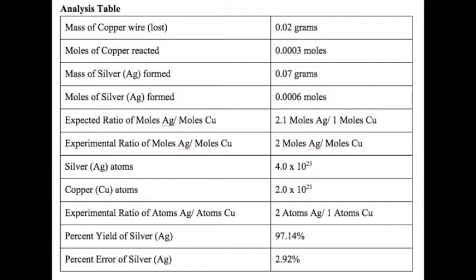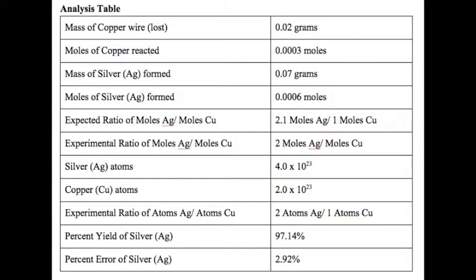The expected ratio of moles of silver over the moles of copper is 2.1 moles of silver over 1 mole of copper. The experimental ratio of moles of silver over moles of copper was 2 moles of silver over 1 mole of copper.